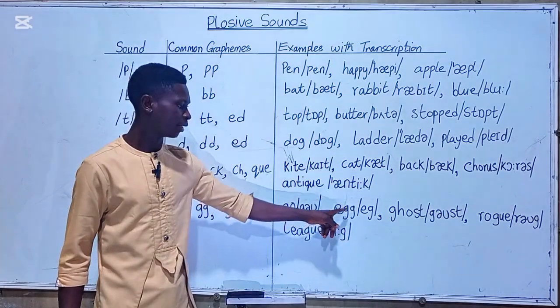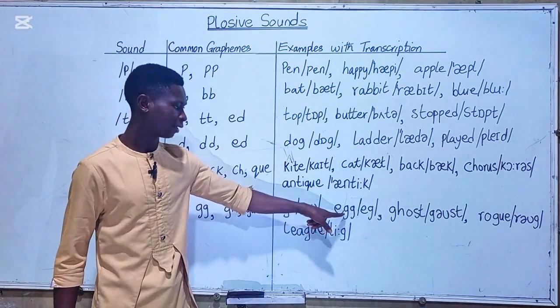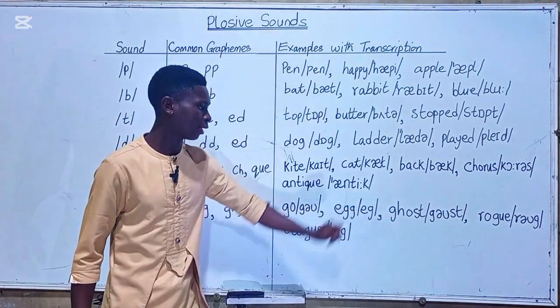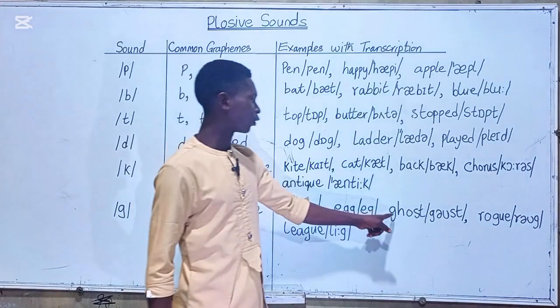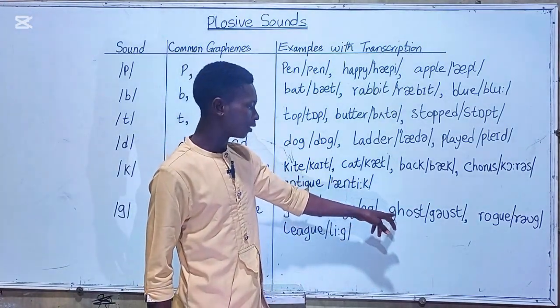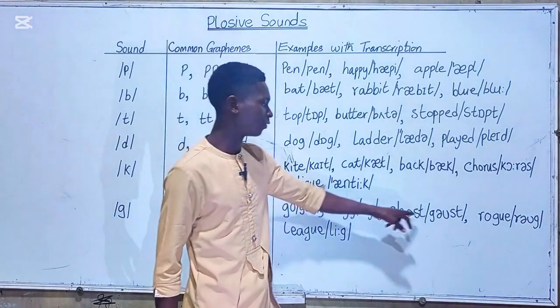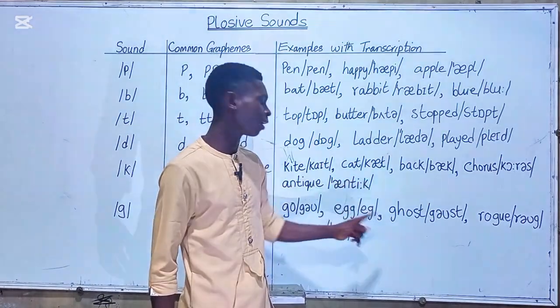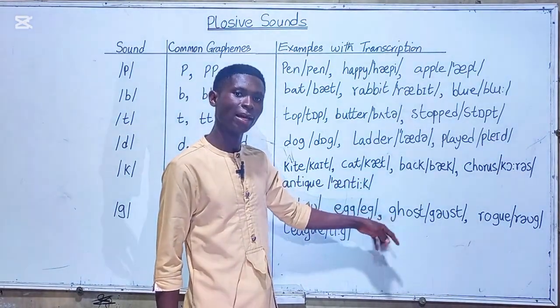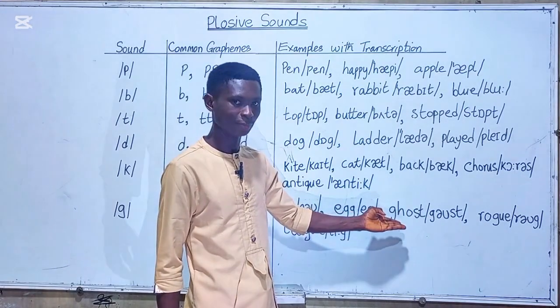Egg. In place of letter GG, that is double G, we have the G sound. Then in ghost, in place of GH, we have the G sound. That is to say that the H in this word is silent, and we have other words like this.